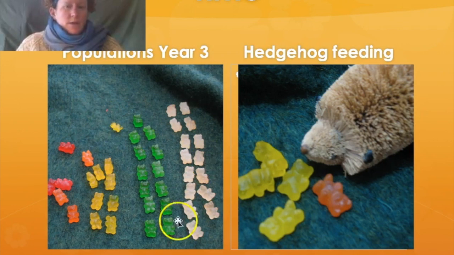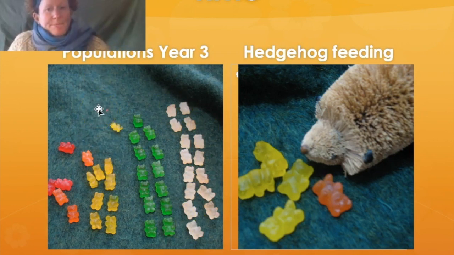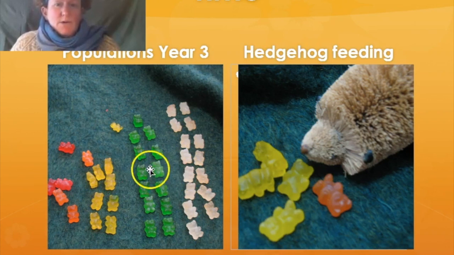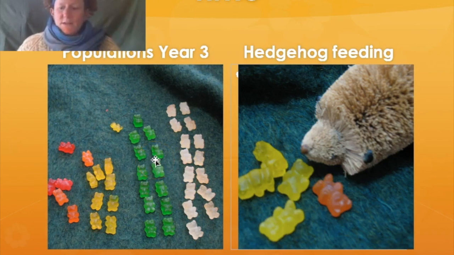It might just be many years, but over time, hedgehogs are going to keep selecting orange, yellow, and red, and that's going to mean that there are more green and white gummy bears left in this population.